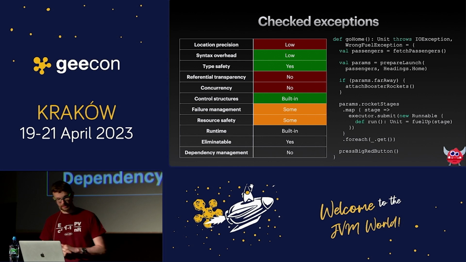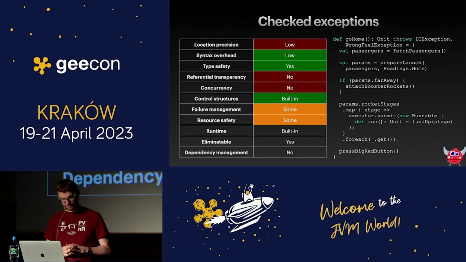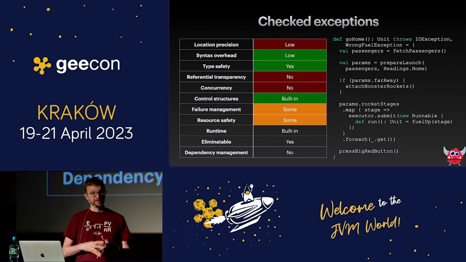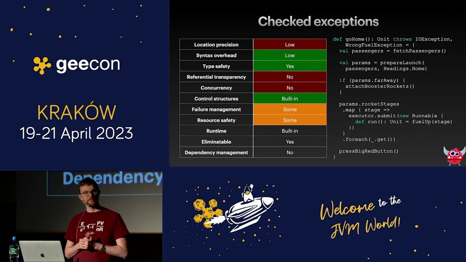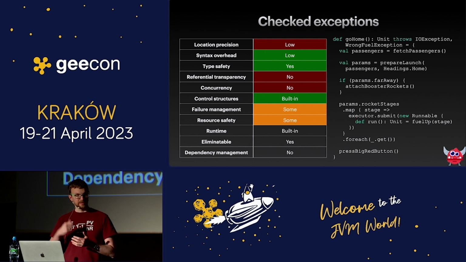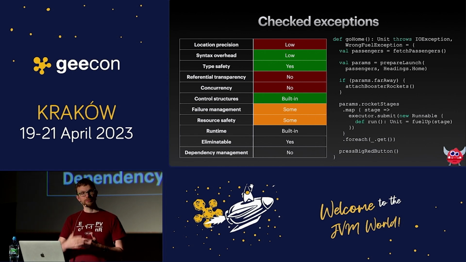There are no concurrency tools that checked exceptions give us. We can use the built-in control structures. As for failure management, that might be an interesting part. Of course, we can use try-catch to manage failures. And finally, when it comes to resources, there is a possibility that you actually might introduce a bug in your code.